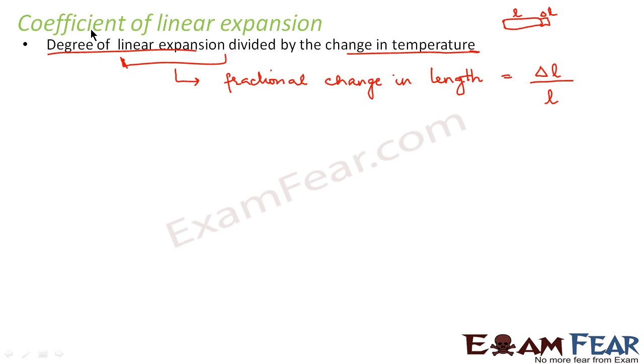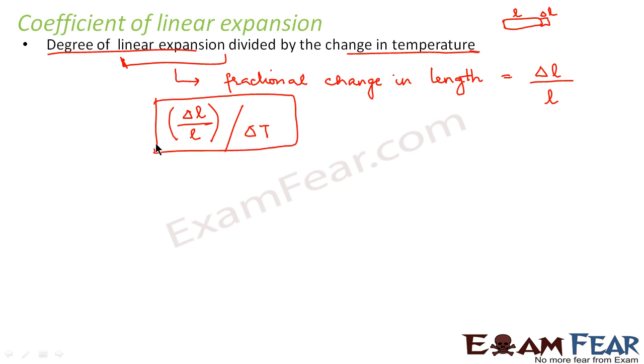Now, this coefficient of linear expansion is degree of linear expansion with respect to temperature. That means we can say that degree of linear expansion is delta L by L, that is the linear expansion's change with respect to temperature, that is divided by delta T. So this would be our coefficient of linear expansion.